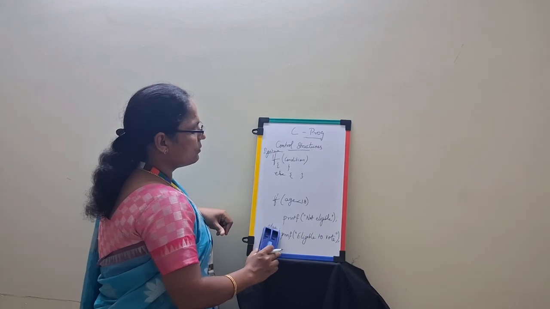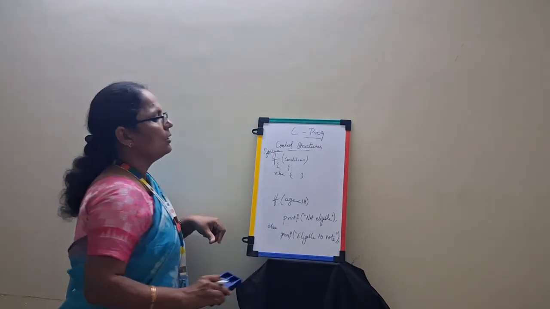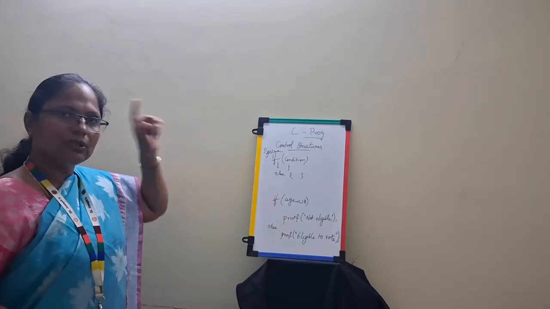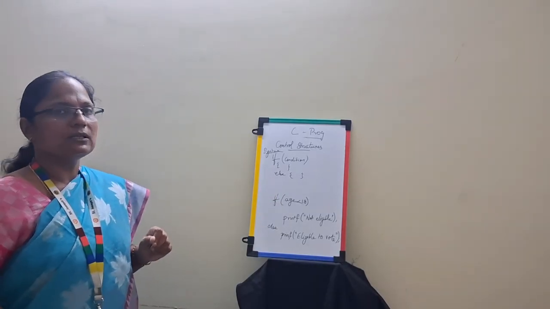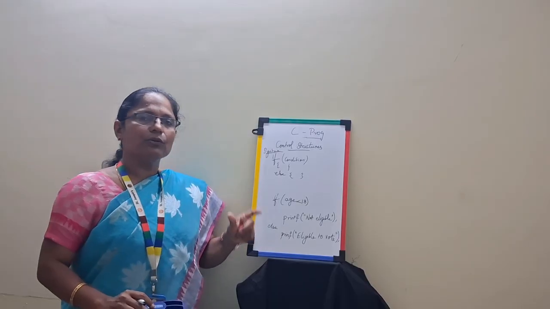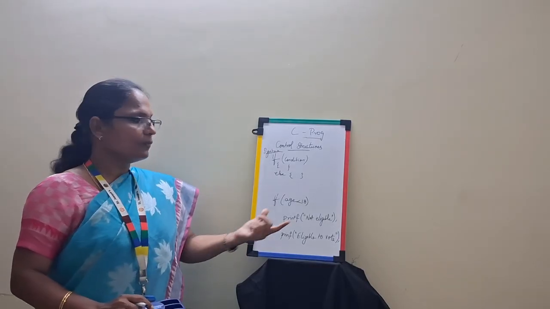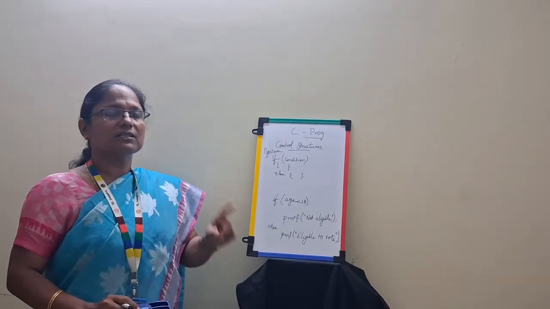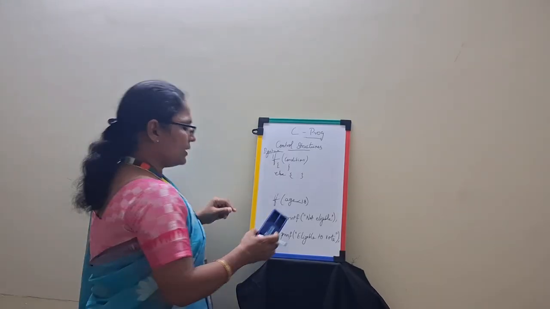I can take out the curly braces, and this is equal to the previous program. Wherever the number of statements is more than one, there is a must for using curly braces. So this is the if condition.